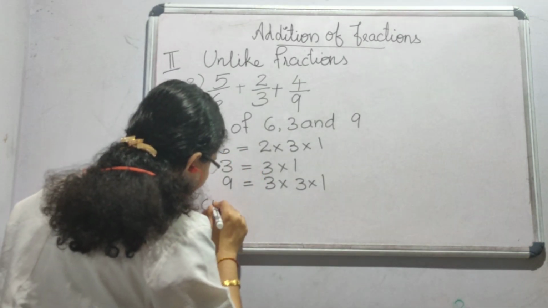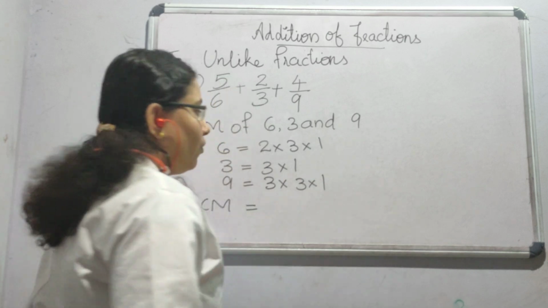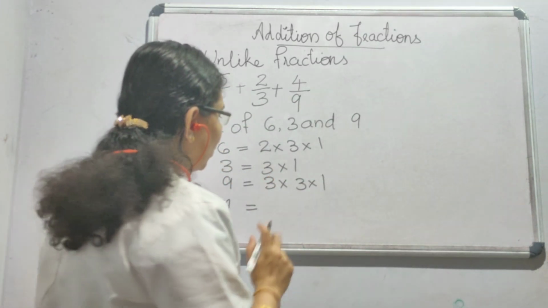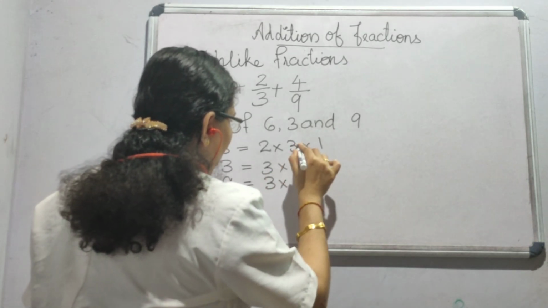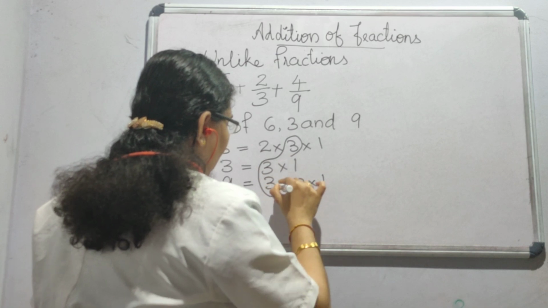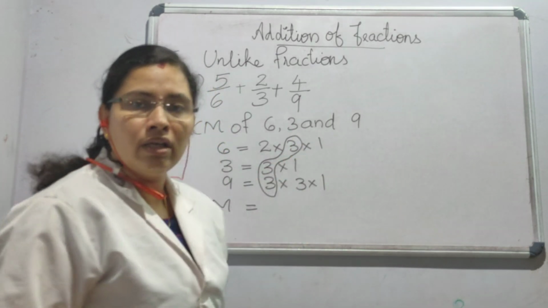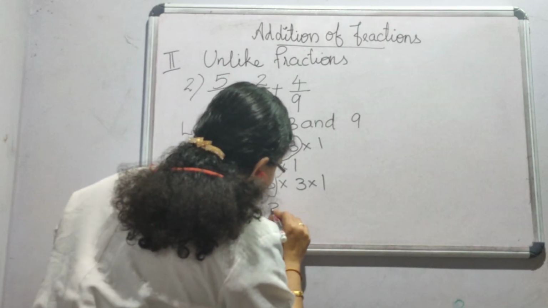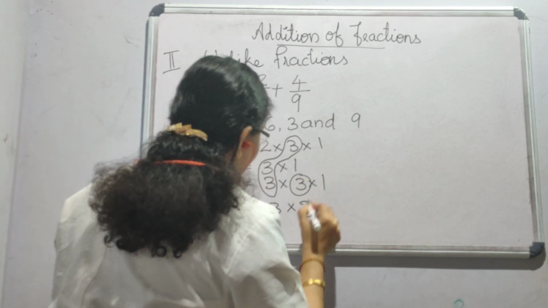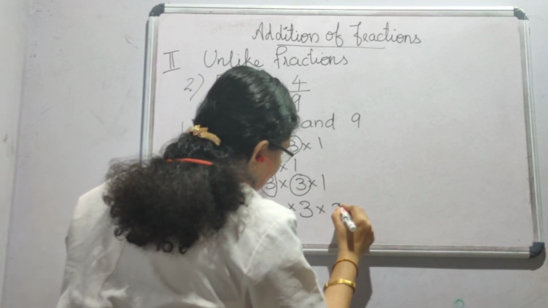Now the LCM is, we have to see whether there is any common factor for all the three numbers. Yes, there is a common factor for all the three numbers. Here the 3 is there in all the numbers. So we can write 3. And now uncommon factor is 3 and 2.